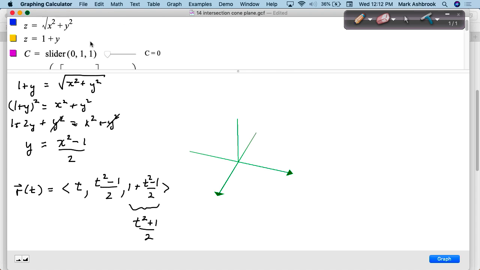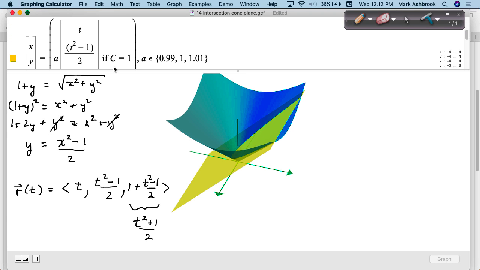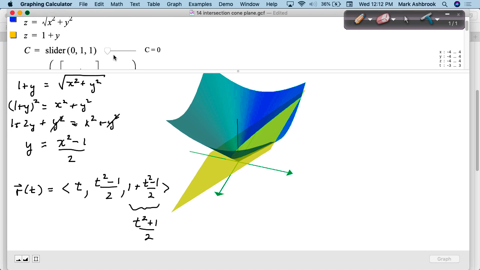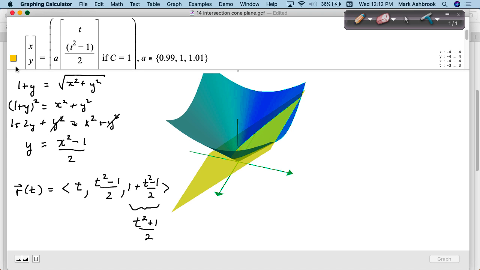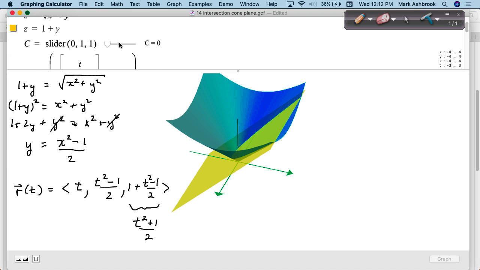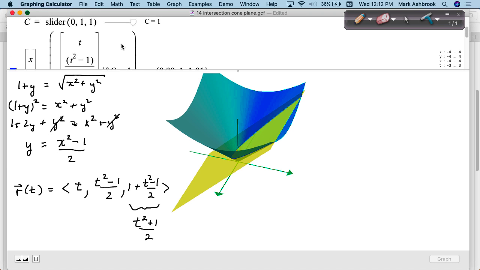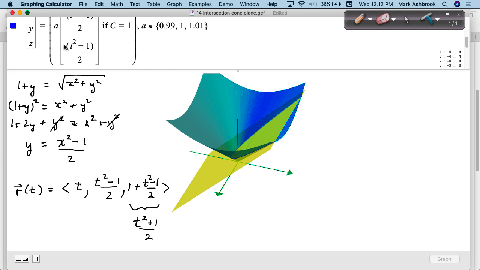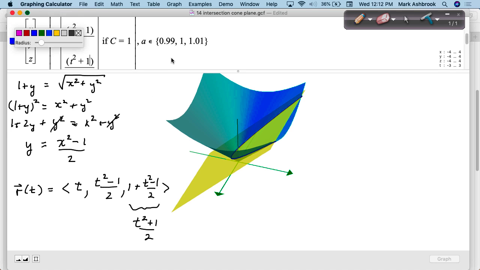If I turn that on, let's make it something dark, like dark blue. I'm graphing what we came up with in dark blue.